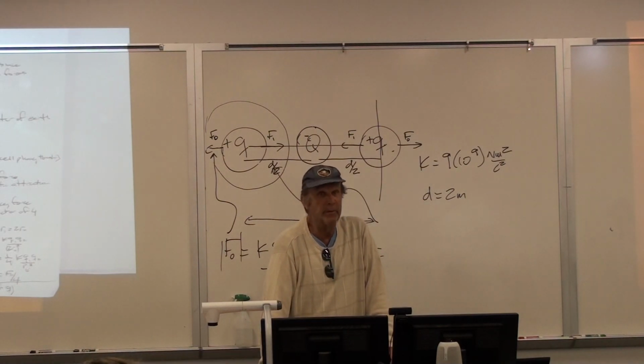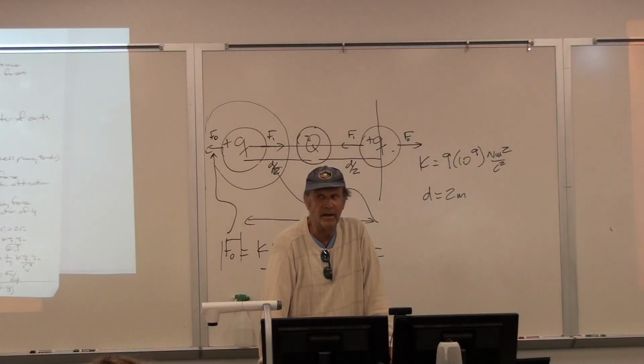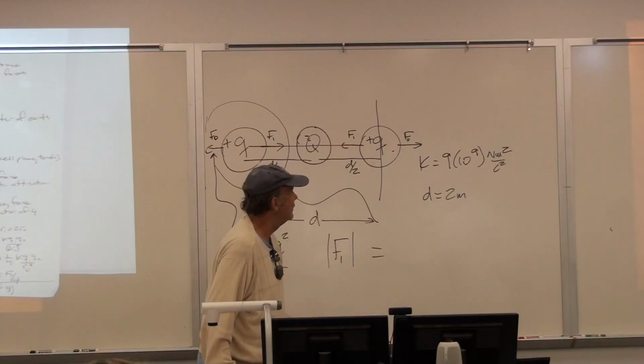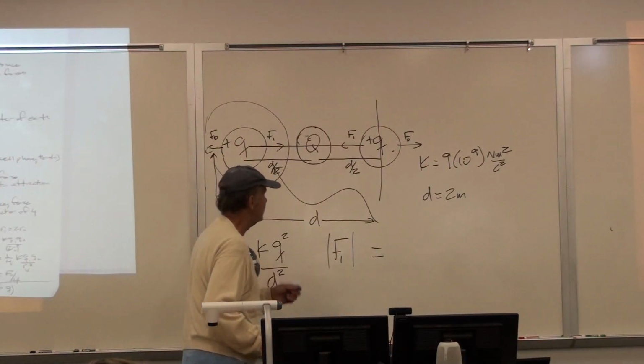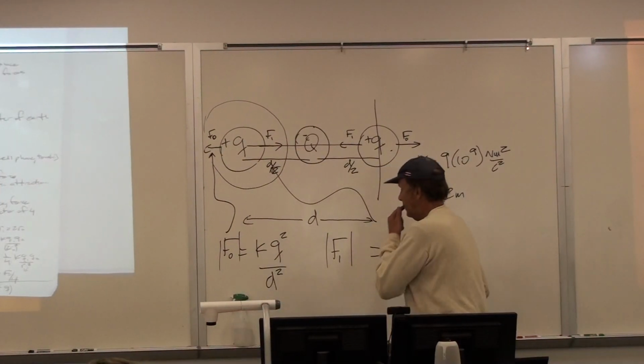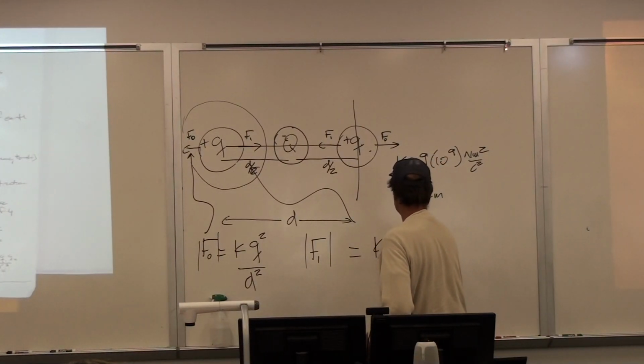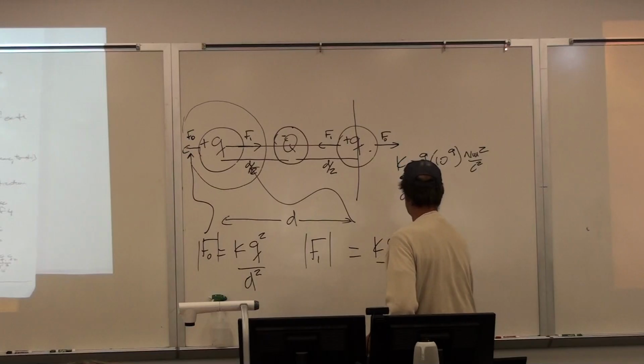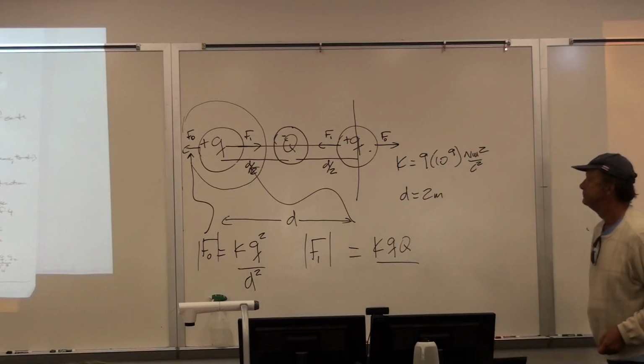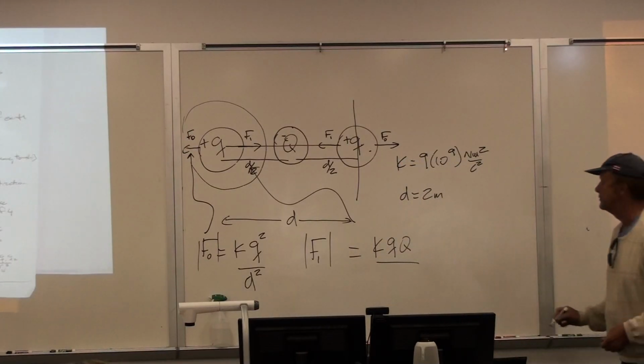You're bound to make a minus sign error. Now, if you're mathematical purists, you might want to do this, but a lot of times it's like 3 or 4 minus sign things that you have to do correctly to get these things right. And so this is a way of simplifying that, which I think is by far the best way to do it. So what we got here then is k little q big Q divided by what? d over 2 squared here.